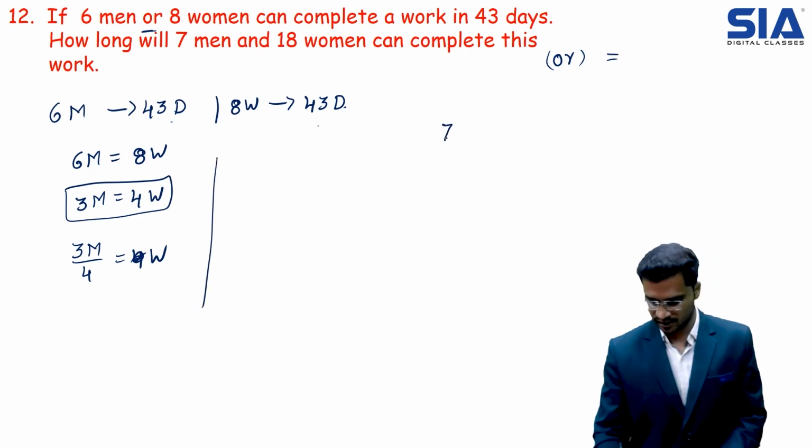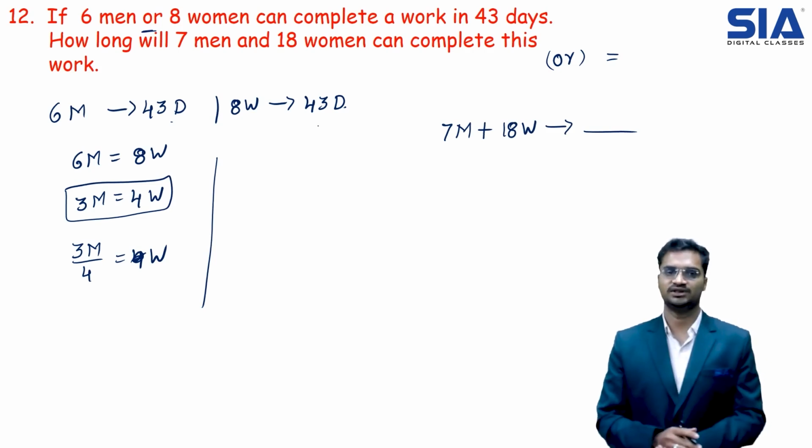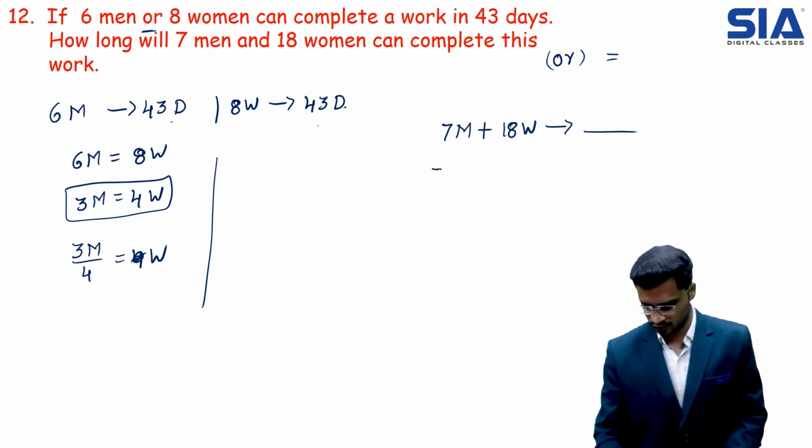Now, in our question, what did he ask? He asked in how many days 7 men and 18 women will complete this work. We know that 1 woman, or W, the value of W is equals to 3 by 4 m. So 7 m plus 18 multiplied by 3 by 4 m.